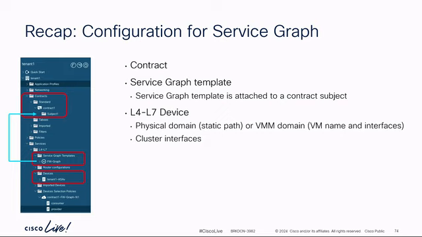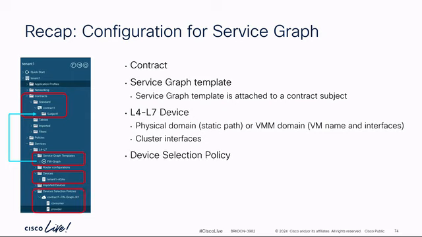In addition to this, we need to define what sort of devices are connected to where in the fabric. If it's a physical domain, you need to select leaf, port, and VLAN. If it's a virtual appliance, you need to specify the VMM domain and let APIC allocate a dynamic VLAN.